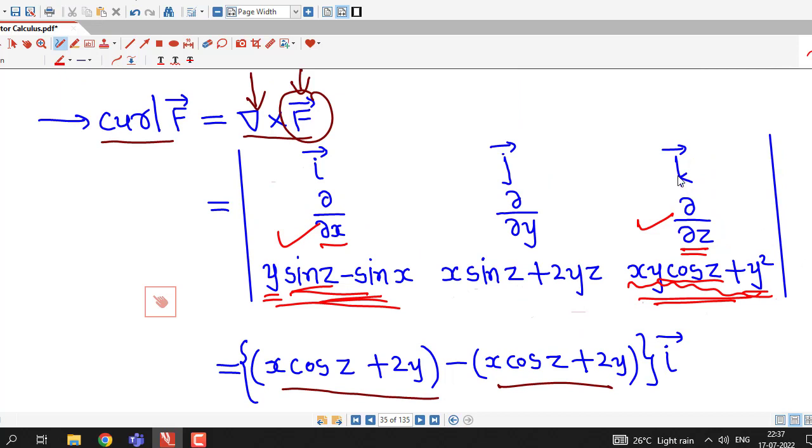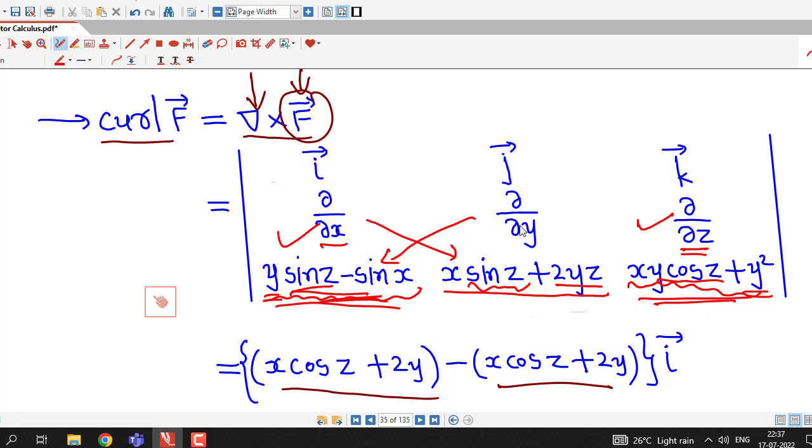Finally, k bar is multiplied with the determinant of this matrix. First we differentiate this with respect to x: sin z is constant, the derivative of x is 1, plus 0. So we have sin z only, minus the derivative of this with respect to y.